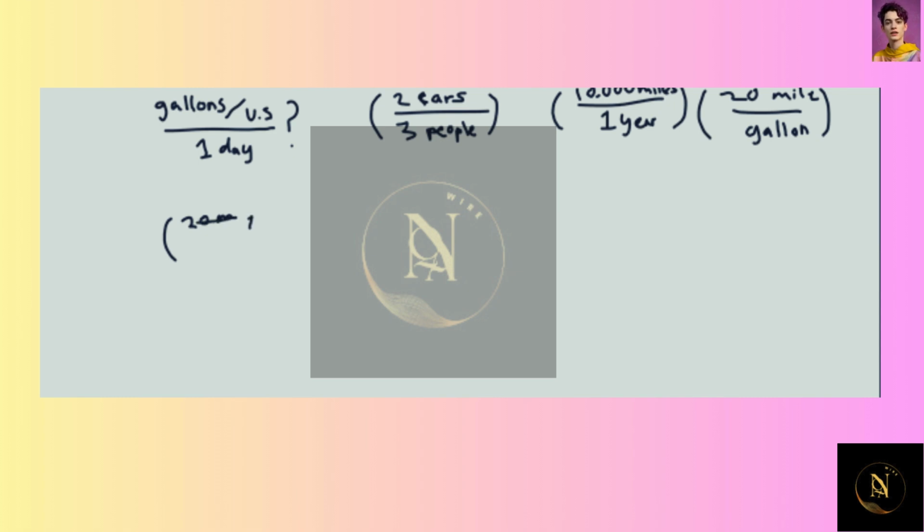So we have 1 gallon for 20 miles, times this quantity, so the miles cancel: 10,000 miles per year.